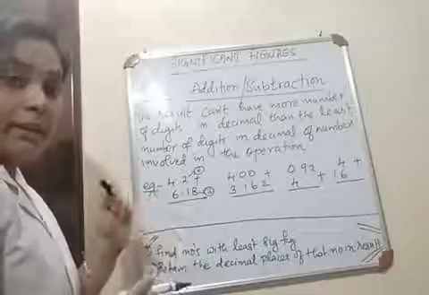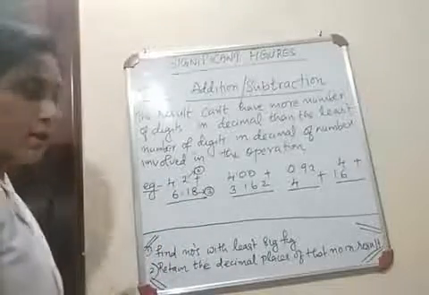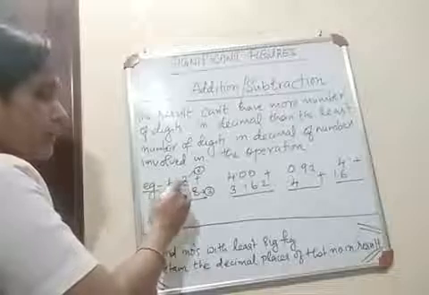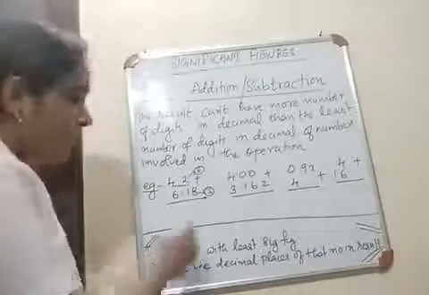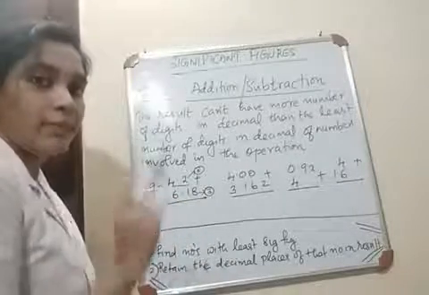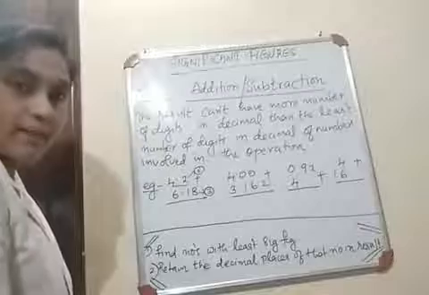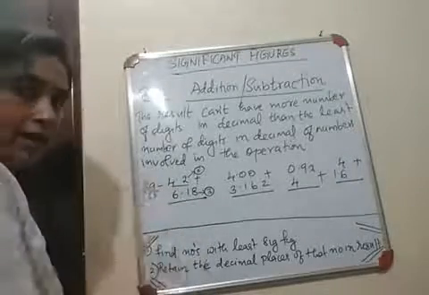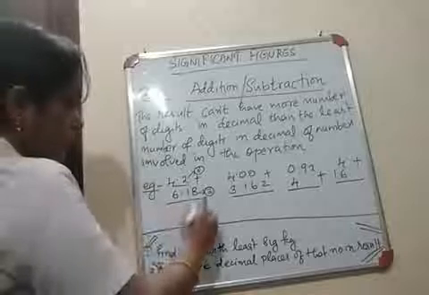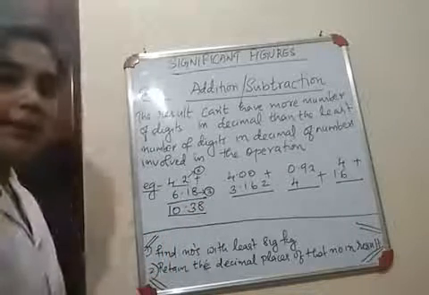Then the second step is check the decimal places in that number. How many decimal places are there? Decimal places means after the decimal point, how many digits are there? Only one digit is there, so decimal place is 1. Okay, so one decimal place is there. Then find out the result. When you add, you will get the result 10.38.